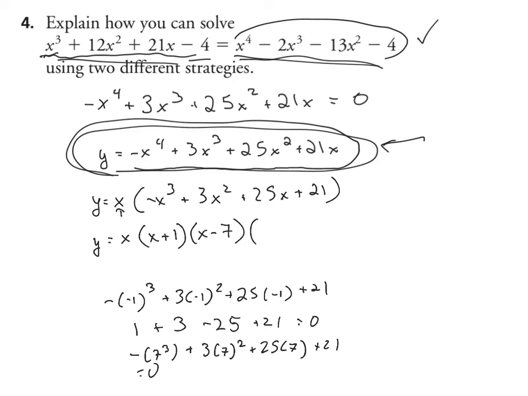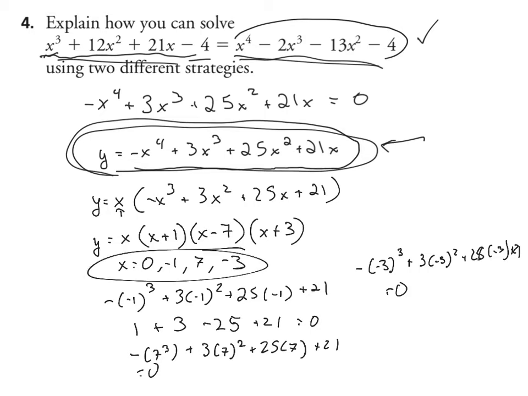Let's try negative 3. Negative 3 cubed plus 3 times negative 3 squared plus 25 times negative 3 plus 21. And that equals 0. Oh, what do you know? X plus 3 is also a factor. And so x equals 0, negative 1, 7, negative 3.